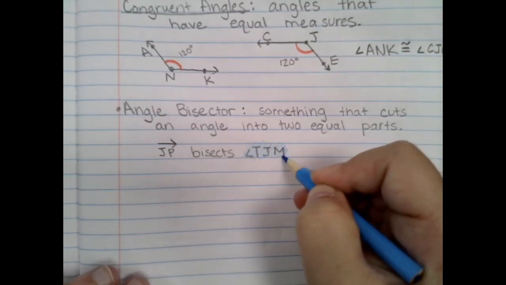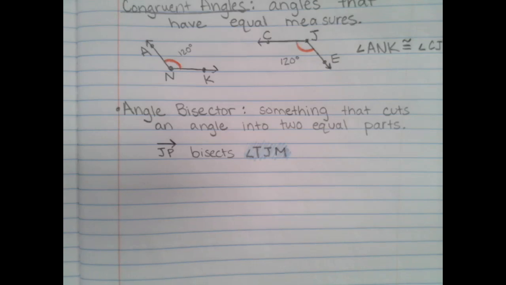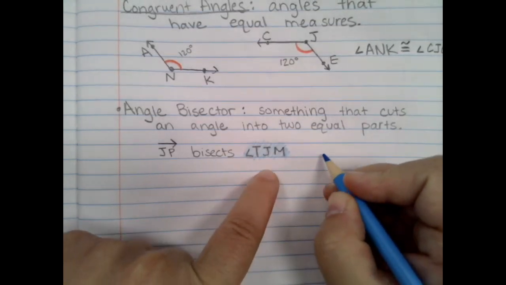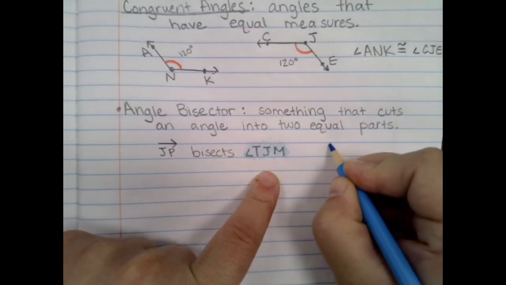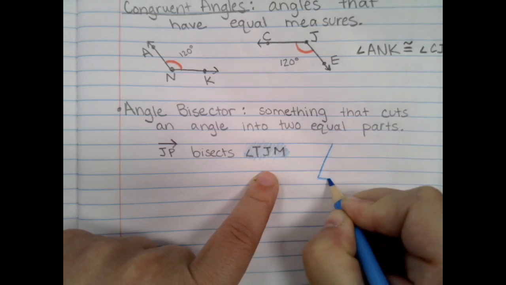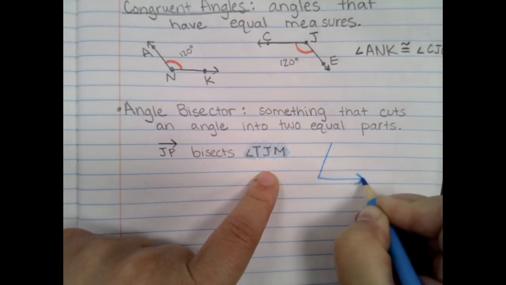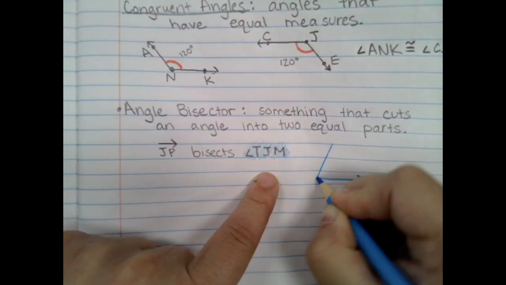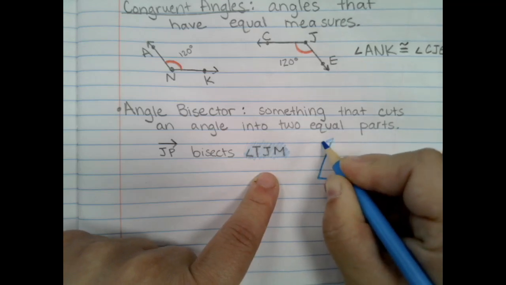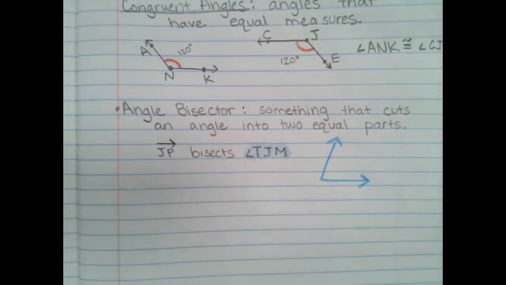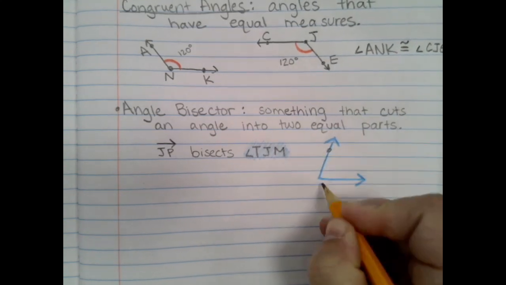Can be any type of angle here. I'm going to go with a little bit of an acute one, kind of a smaller one. On our angle we need 3 points.